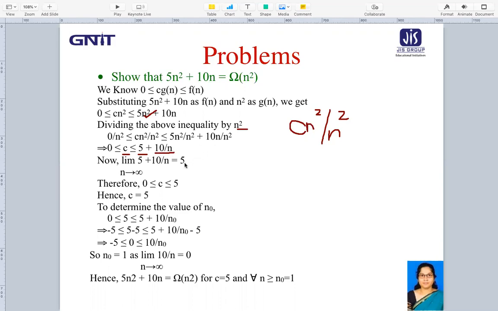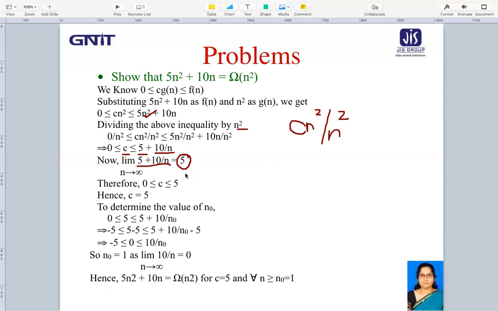Now here we see, in case of big O, we are talking about the maximum value. In case of omega, we are talking about the minimum value. So if we are talking about the minimum value, then we can see that the limit of 5 plus 10 by n when n tends to infinity will be minimum when the value is 5.